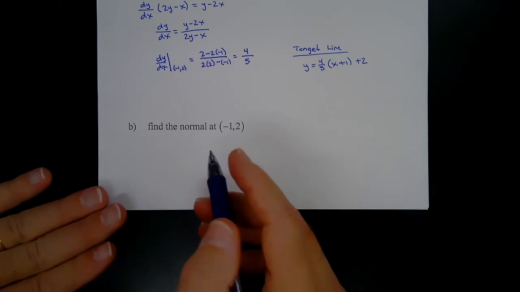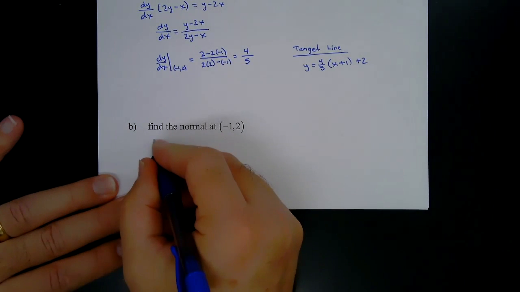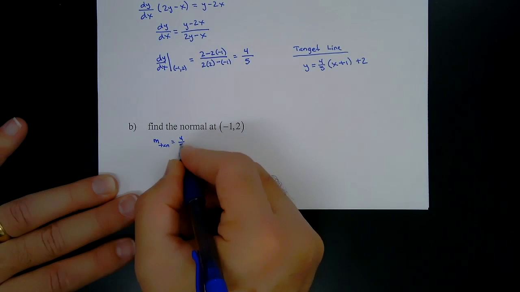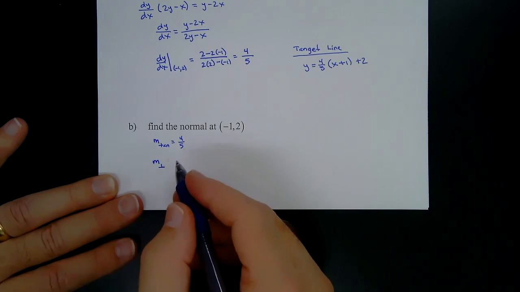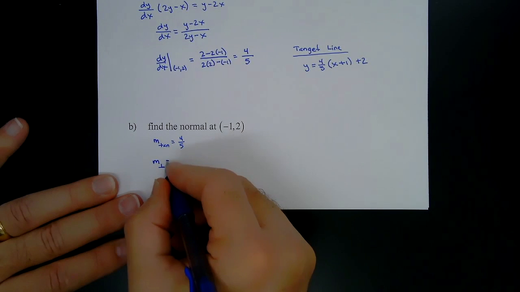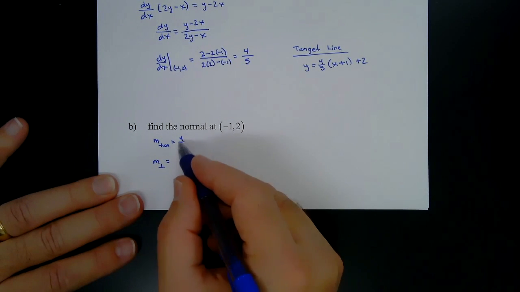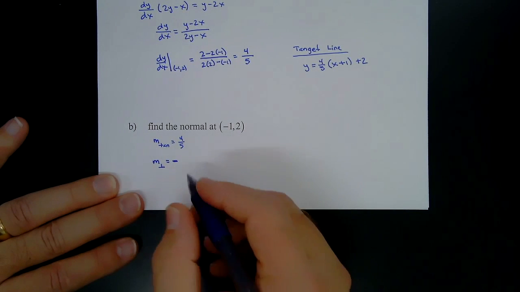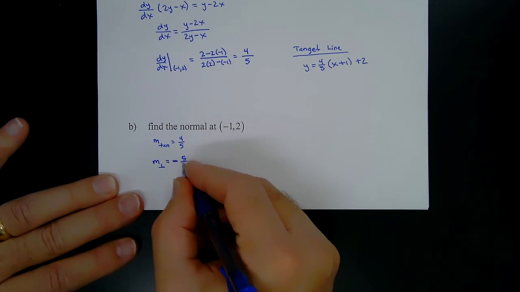To find the normal line at the same point, I need to know my slope that's tangent is 4/5. Therefore, my slope that's perpendicular or normal, because remember normal means perpendicular, would be the opposite reciprocal of this. Opposite means different sign, so this is positive, the normal slope would be negative, and we have to do the reciprocal, which is the flip of this, so that'd be 5/4.